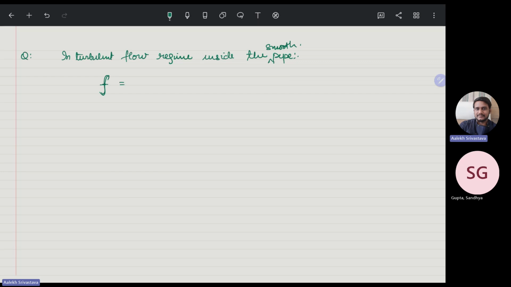As you know, it depends only on the Reynolds number. So it is the 1/5 power of the Reynolds number. This is the answer. For laminar flow, it is 64 by Re. For a smooth tube, it depends only on the Reynolds number.